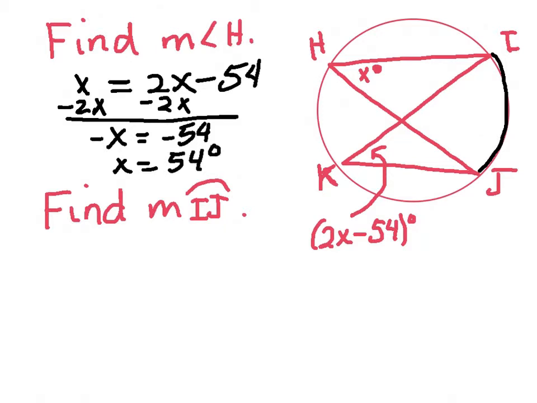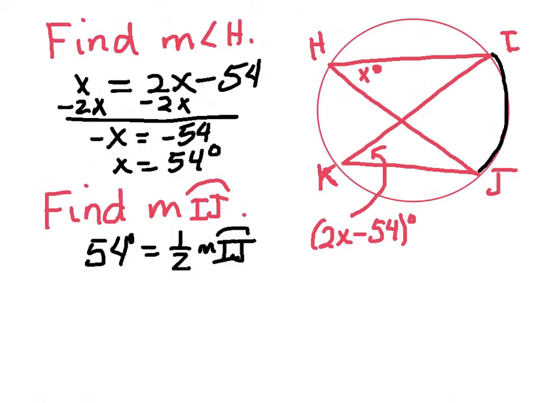and therefore x equals 54 degrees. And then finally, what's the measure of arc IJ? Well, since angle H is 54 degrees and it's an inscribed angle, it's half as big as the measure of arc IJ. So I can say 54 degrees is equal to 1/2 of the measure of arc IJ.